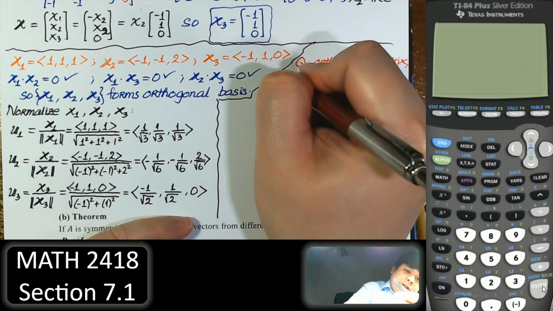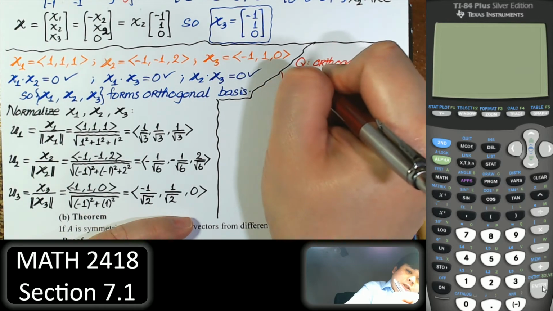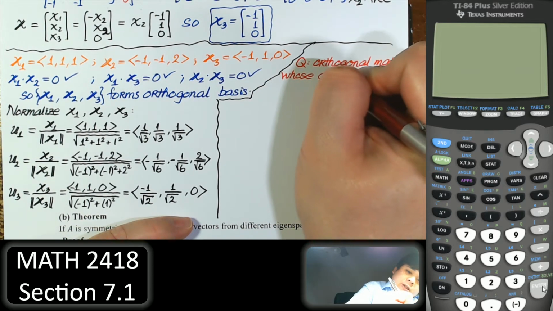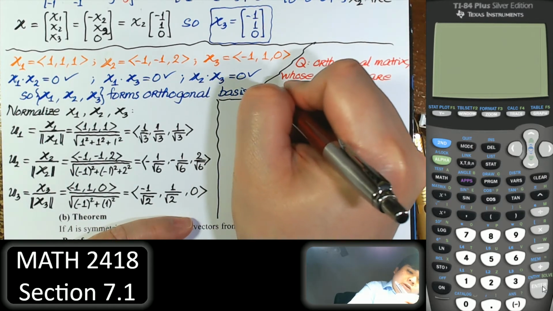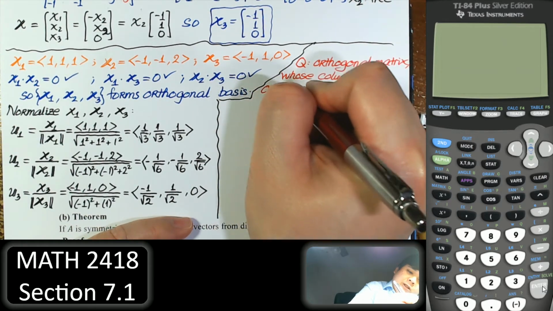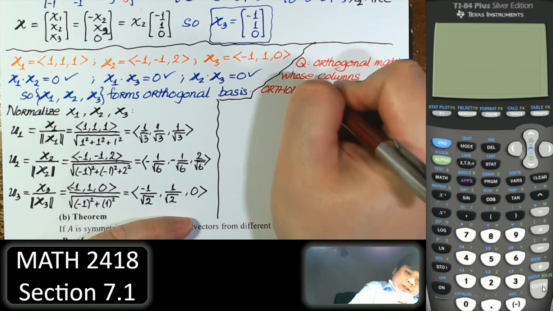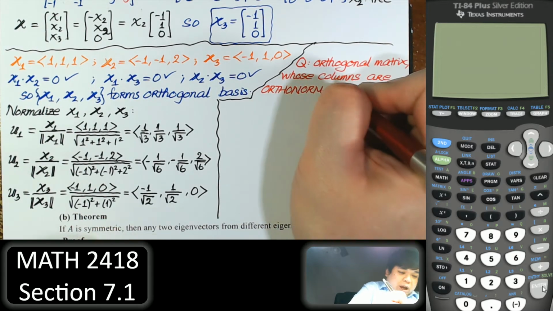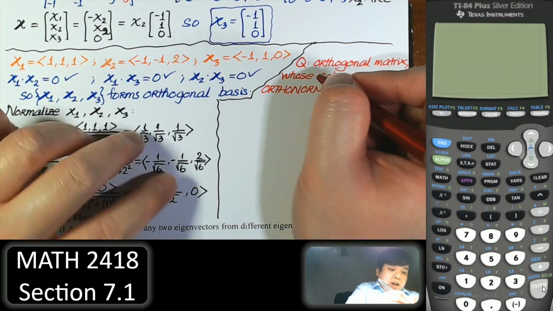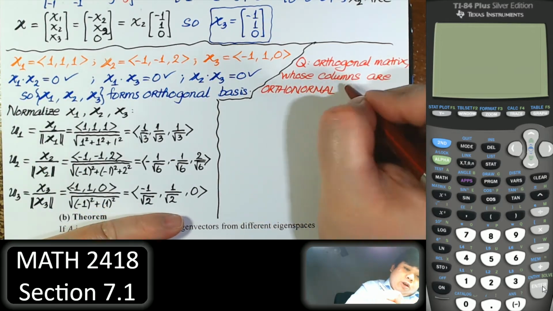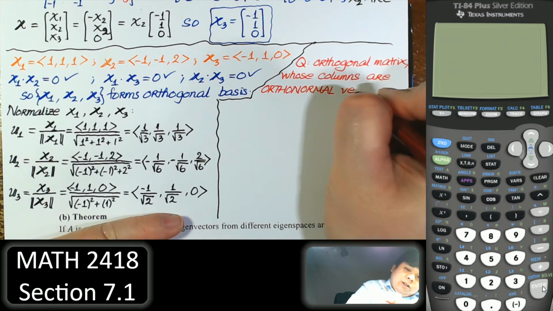Not just orthogonal, so we have to use u. Cannot use the x vectors, we have to use the normalized version, the orthonormal vectors.